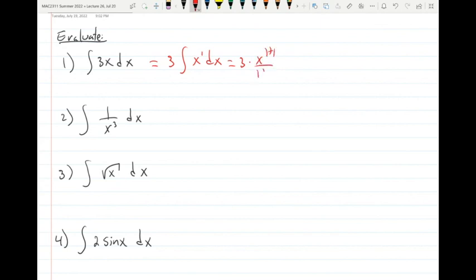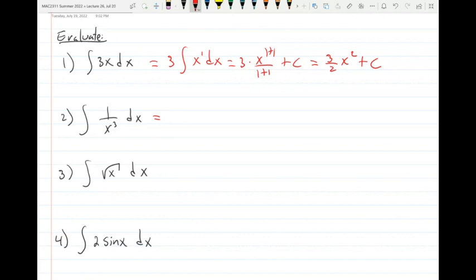So this is 1 plus 1 over 1 plus 1. That's where the x squared over 2 is coming from that we have been talking about since the beginning today. Okay? So we see that this is just 3/2 x squared plus c. Do you understand this? Okay. How about the next one?